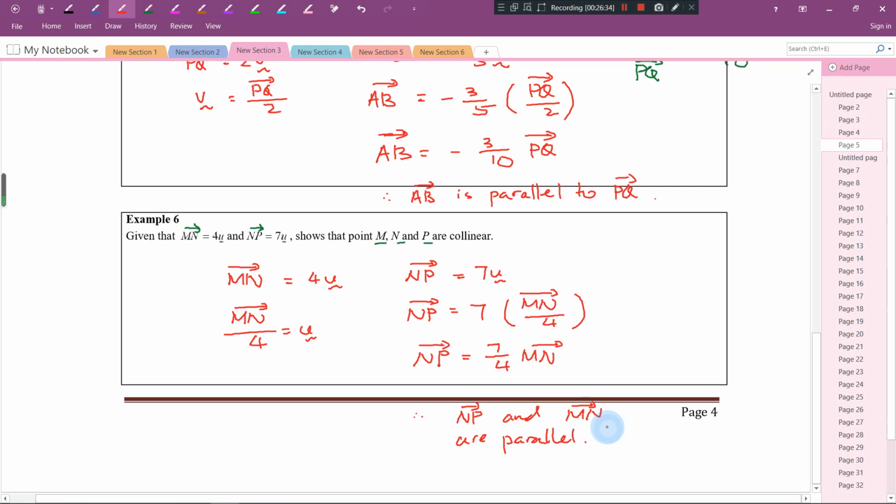Okay, so next thing, since the question not only asks us to show they are parallel, but to show collinear, we need to look at a common point. Since we have a common point which is N, so points M, N, and P are collinear.